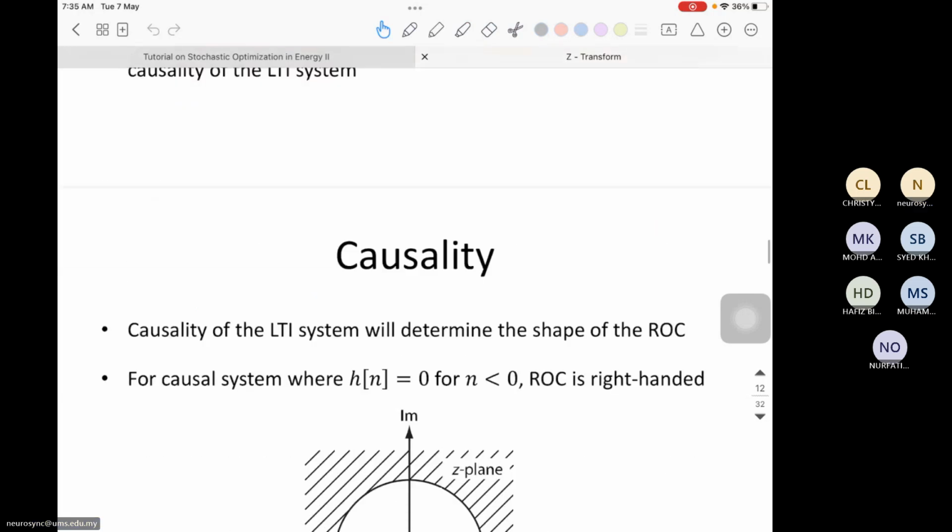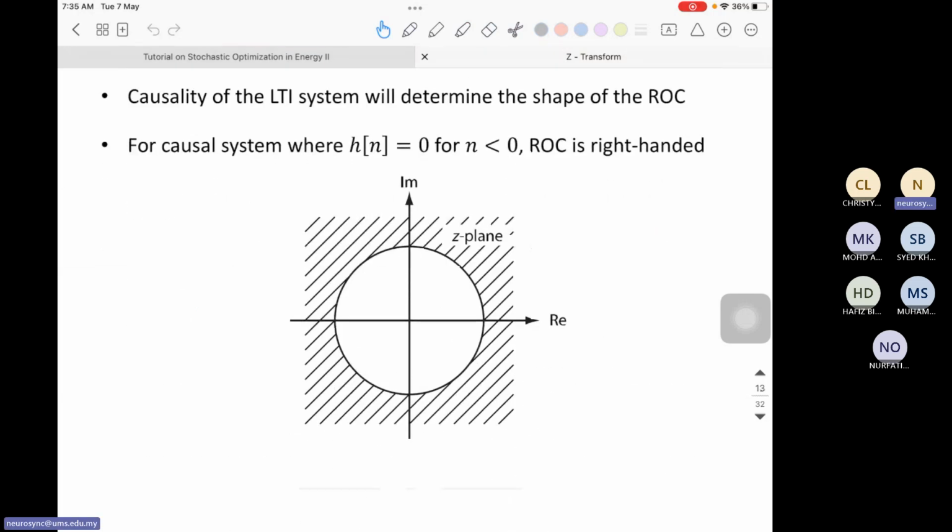So the system is causal when h of n is equal to 0 for negative n, and we will get the right-handed ROC like this.